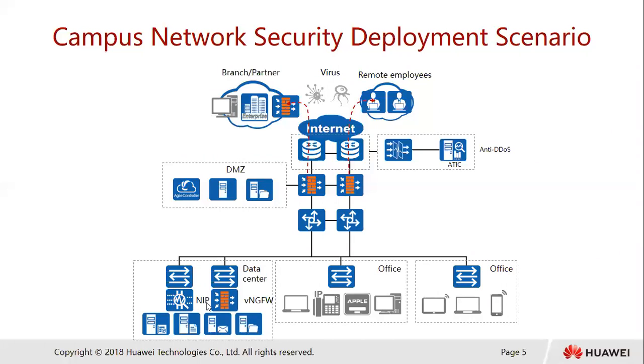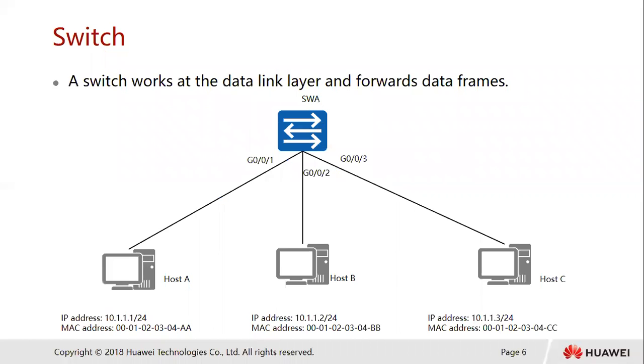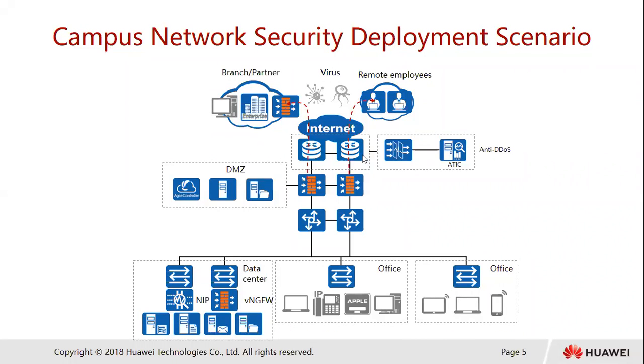So the 2 devices that we have here are network intrusion prevention and virtual next generation firewall, okay? So these are some of the devices that we can have to protect our network.